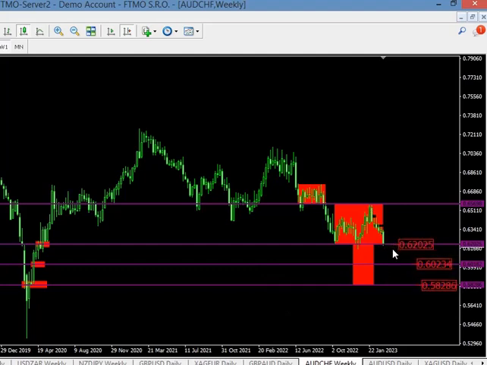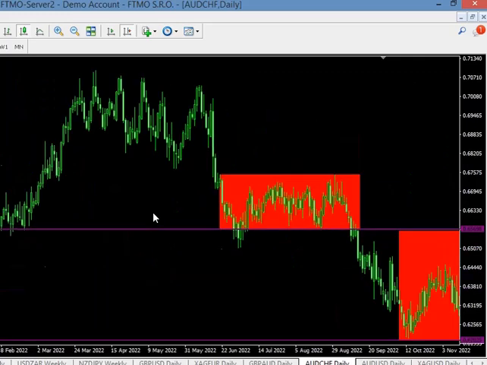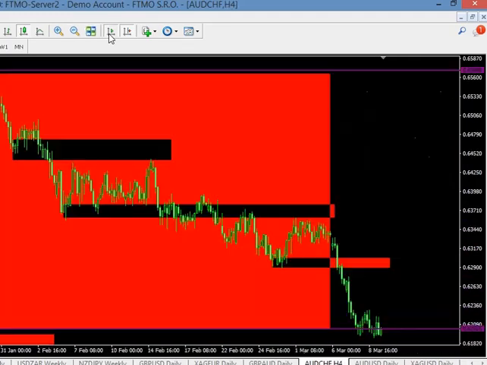There's still bearish momentum, you can see, as we saw before on the 4 hour. Lower highs, lower lows, breaking of structure, lower lows, lower highs. So the market should come and retest this area.